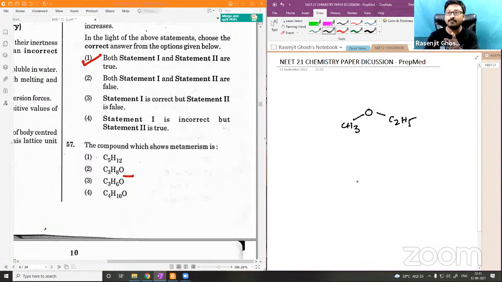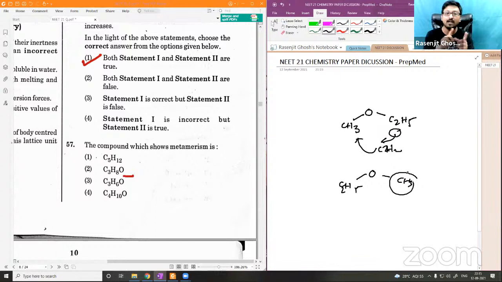As a rule of metamerism, I can take a CH2 part from here and incorporate it there. So it will be C2H5 here and CH3 there. So it shows metamerism, right? So the correct answer is option number 2.